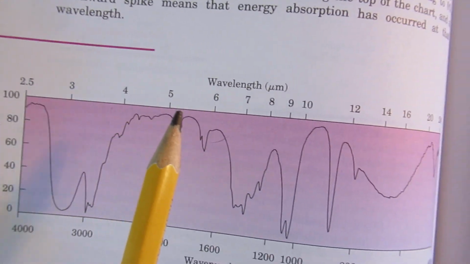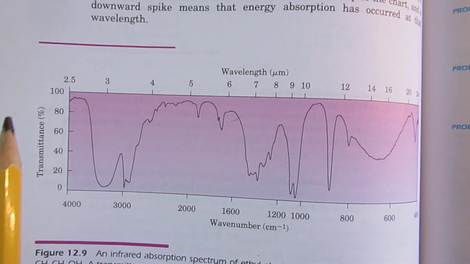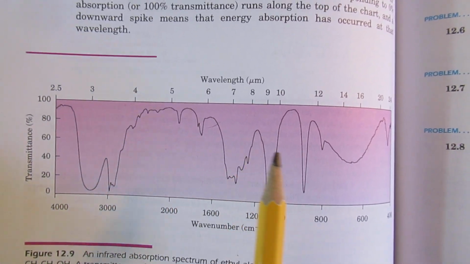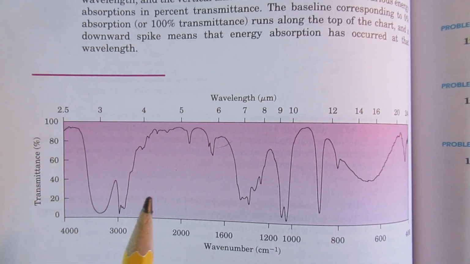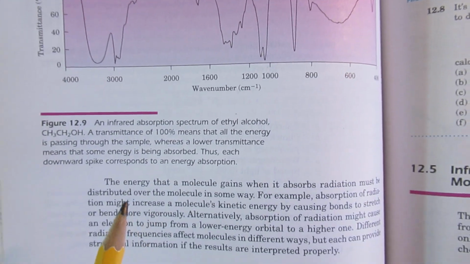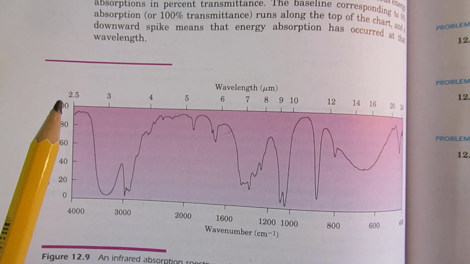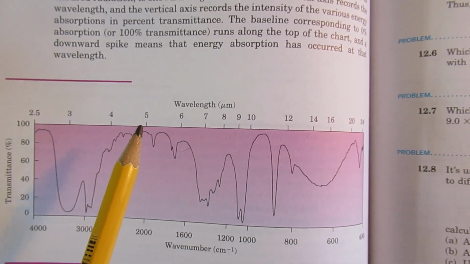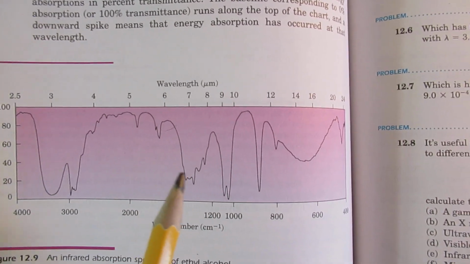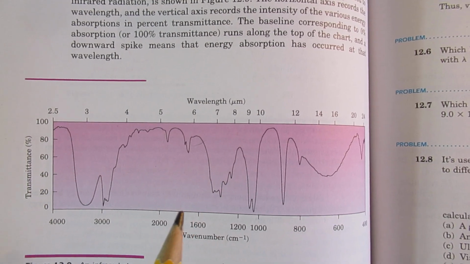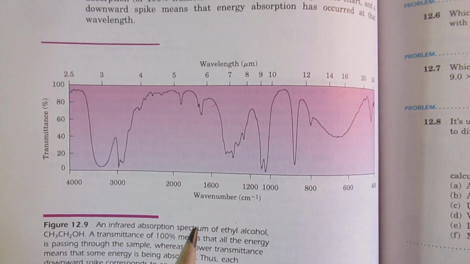When we sweep that whole frequency band through, in this case, ethanol, we see absorption on certain frequencies, and this gives a characteristic pattern of ethanol.